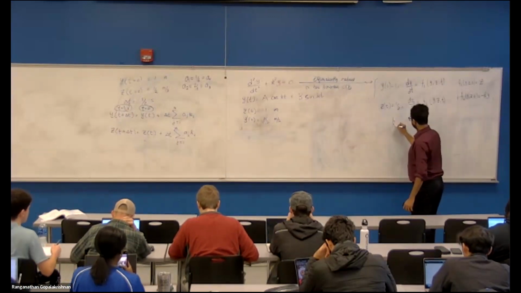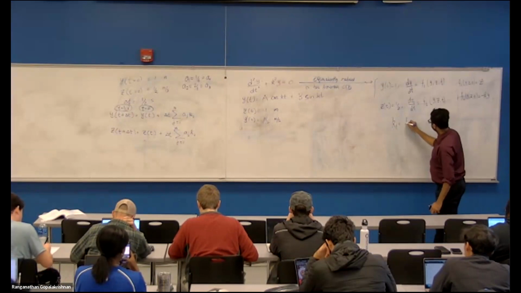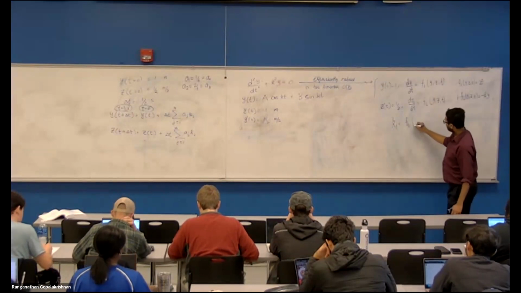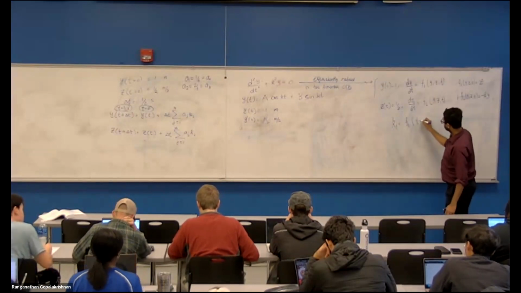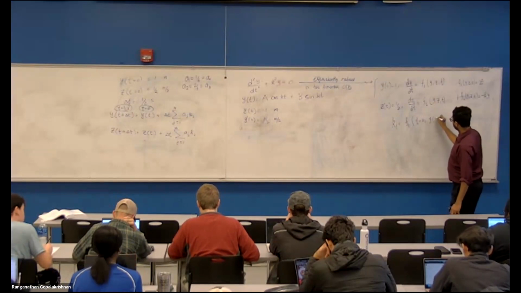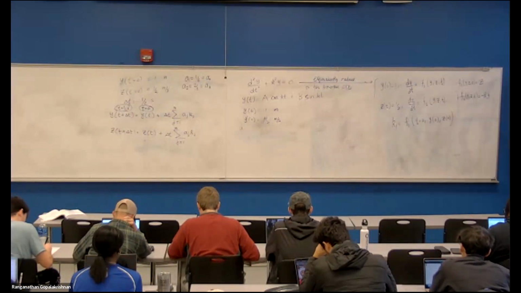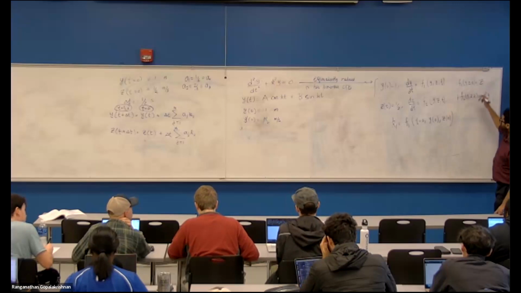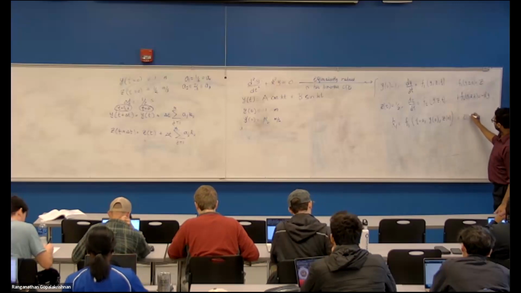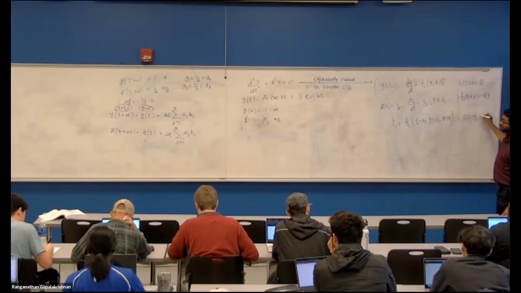K1 is the value of function f1 evaluated at time 0, at y of time 0 and z of time 0. What is f1? z evaluated at time 0, which is part of my initial condition, which is half a meter per second.